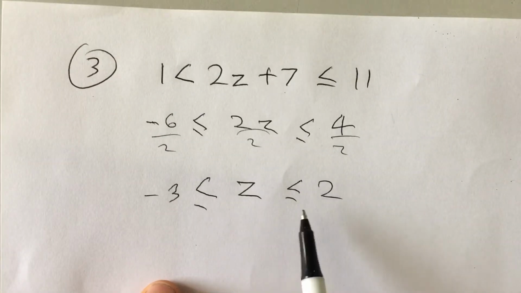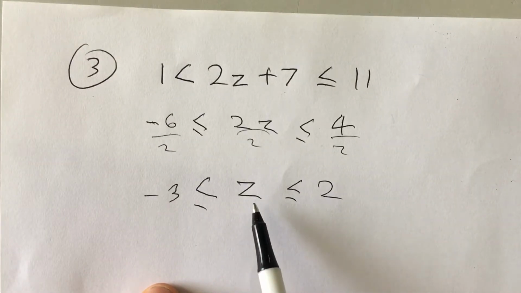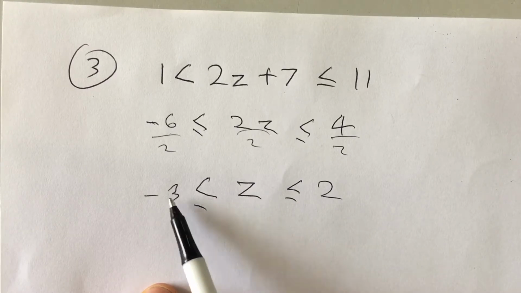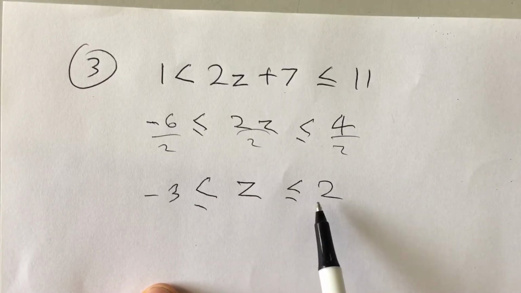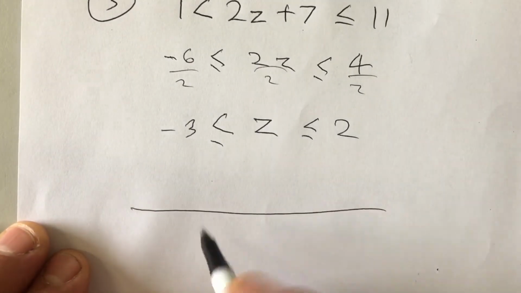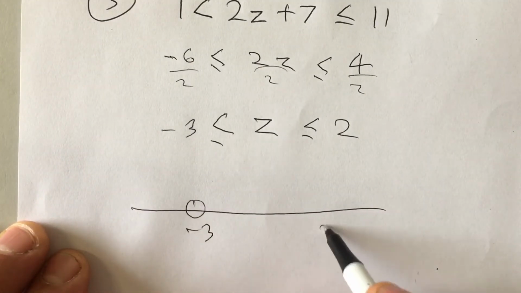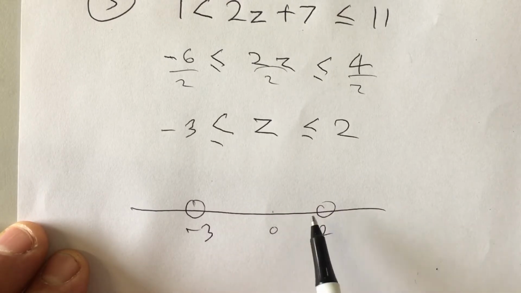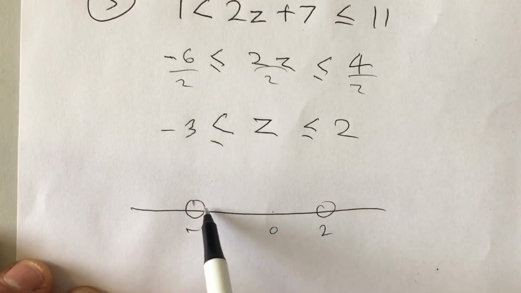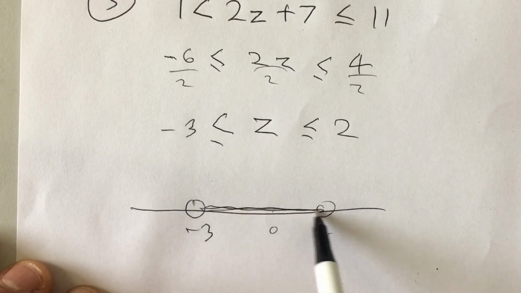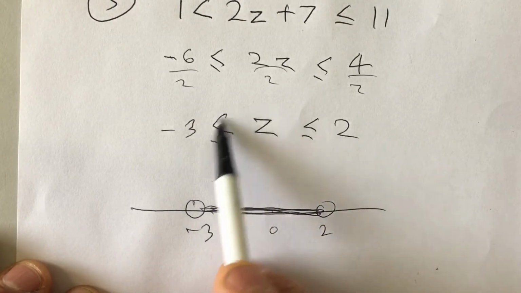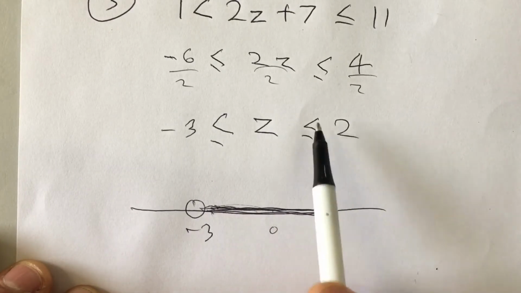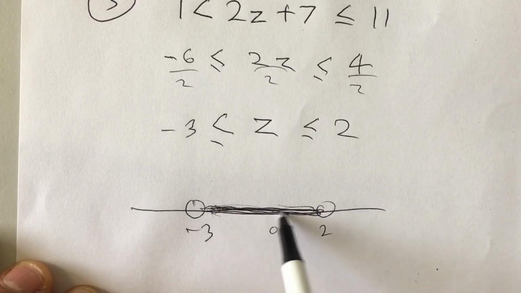Now what that is actually saying is the answer is all the answers bigger than or equal to minus 3, but less than 2. In other words, if you've got minus 3 here and 2 here, which means 0 is of course somewhere about here, it means that it's all the numbers in between them, because it's greater than minus 3, this way, and less than 2, which is this way, so it's right in between them.